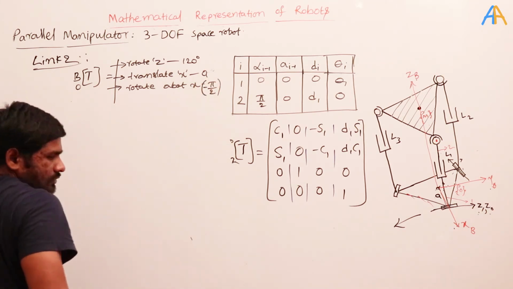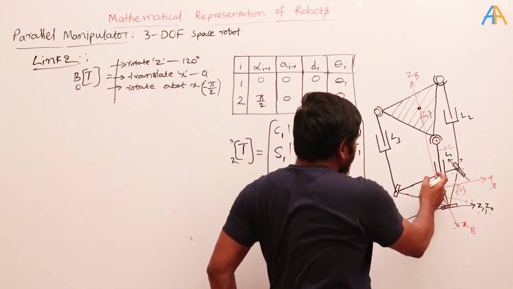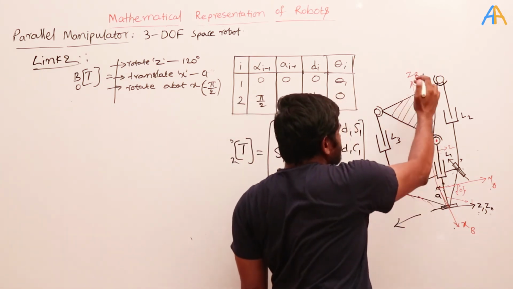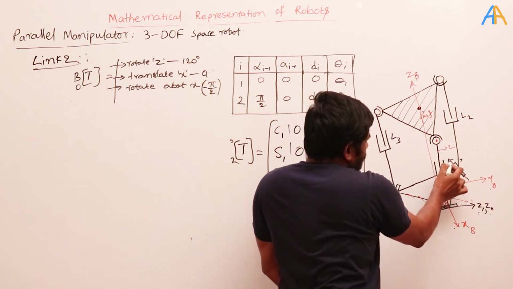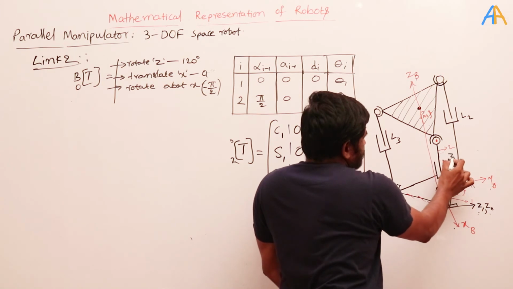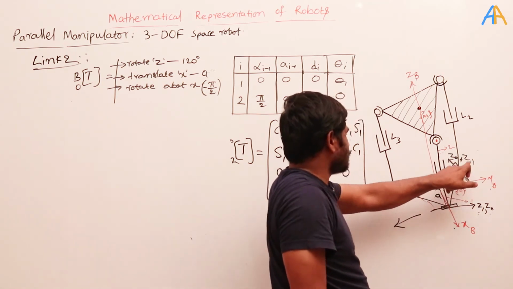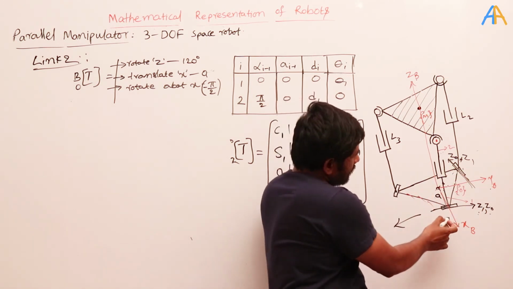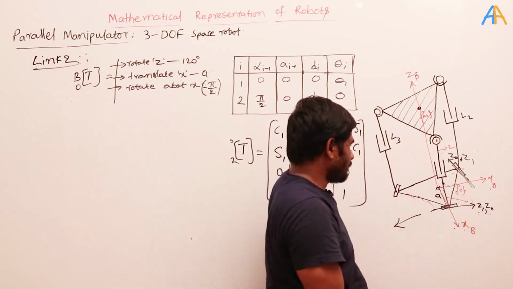Okay, so what is the meaning of this? Finally I should make sure that zb is coinciding with this particular coordinate, this z0 and z1. So for this revolute joint, this is the z0 and z1. So here if you observe, xp is perpendicular to z1 and z0.